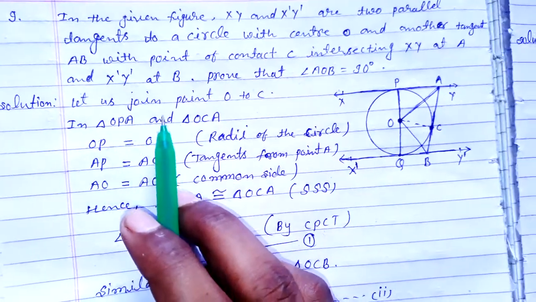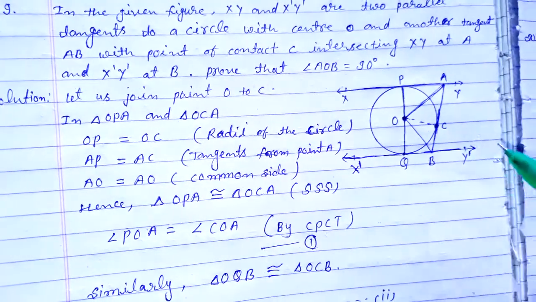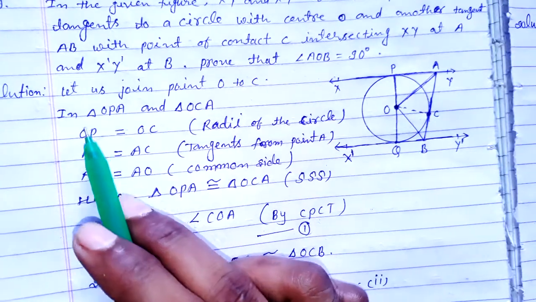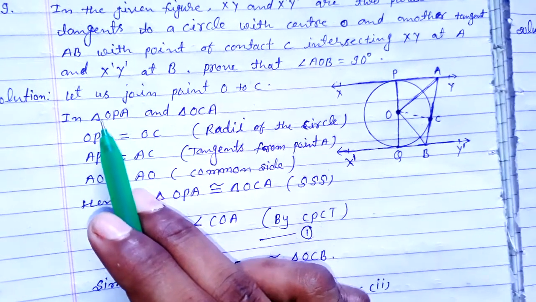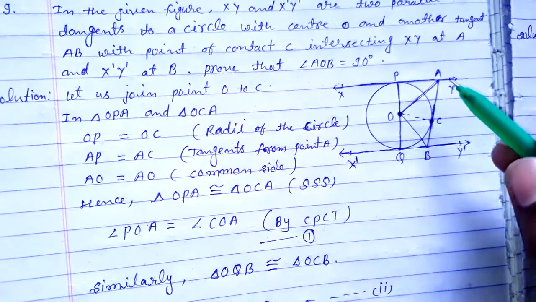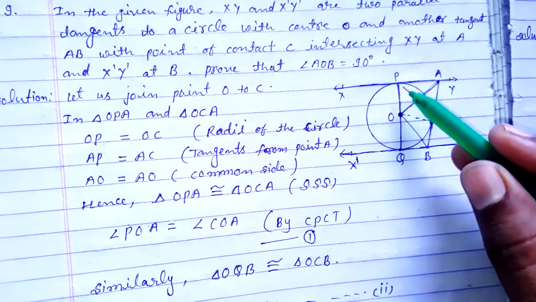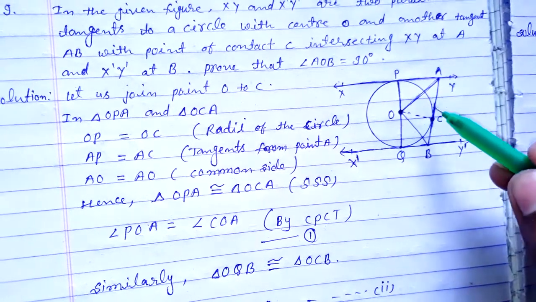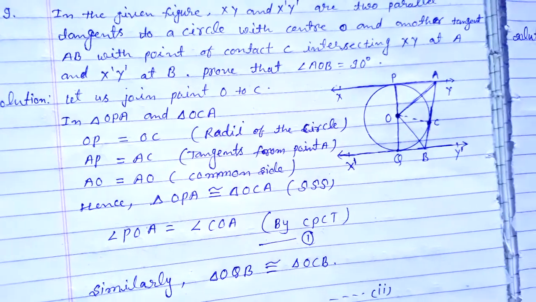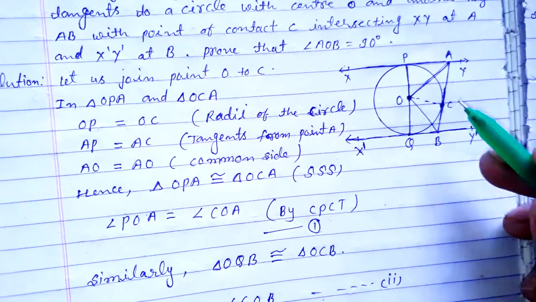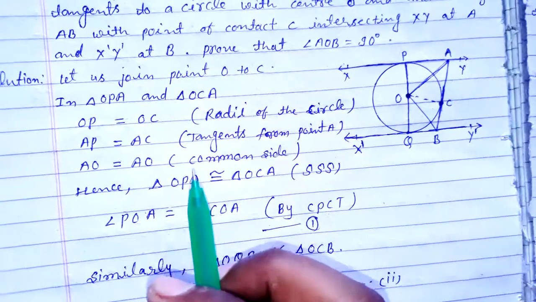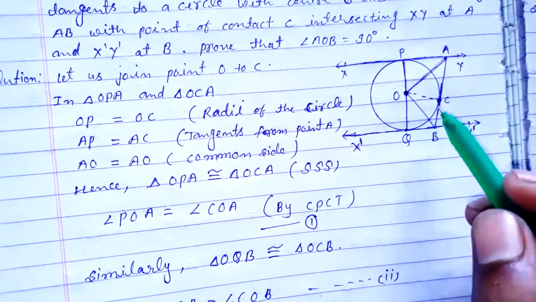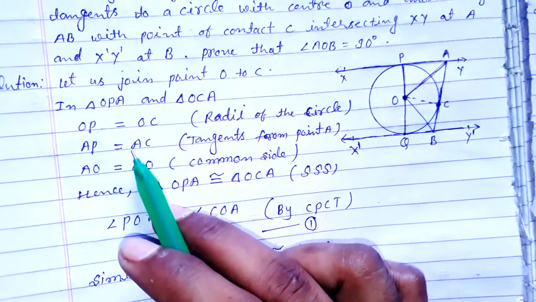Let us join point O to C. Here O to C is joined. In triangle OPA and triangle OCA, OP is equal to OC, the radius of the circle.